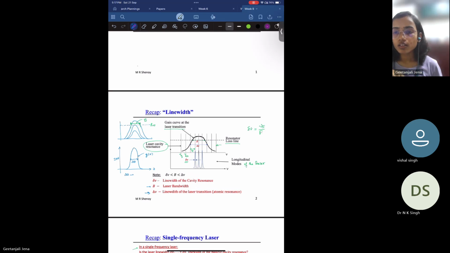Okay, then let us move to the next part. So this is the last concept that we have seen in week 9.